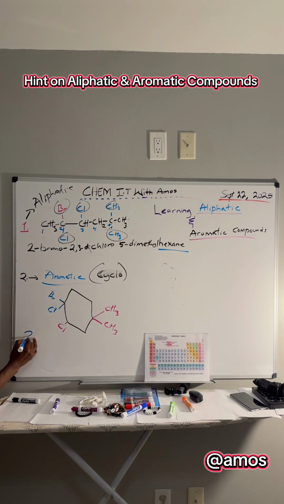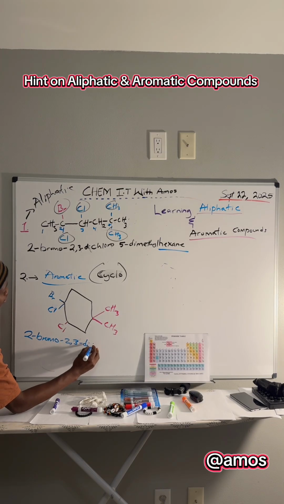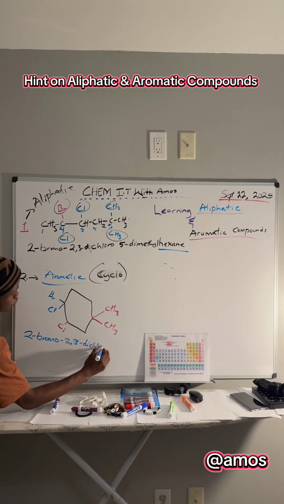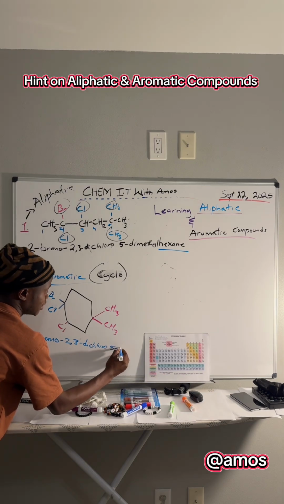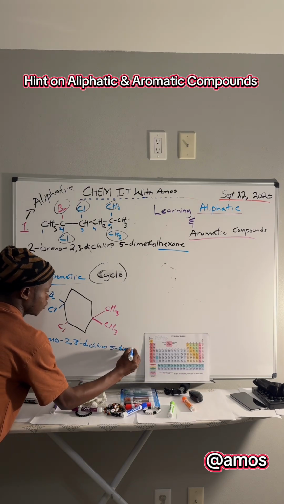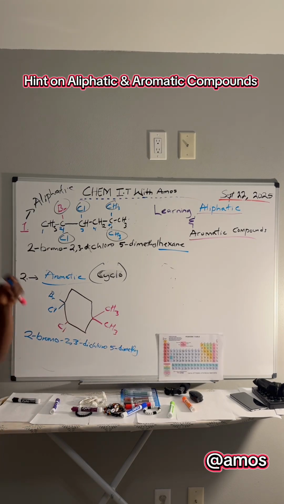So it becomes 2-bromo, 2,3-dichloro, 5-methyl.